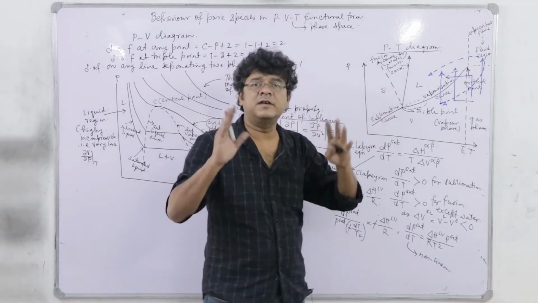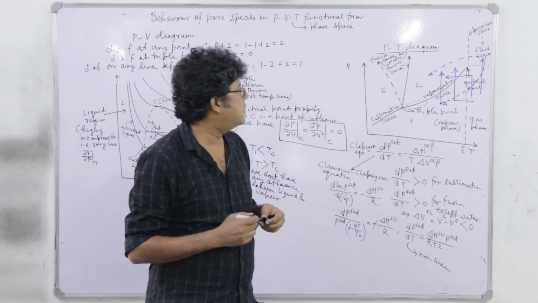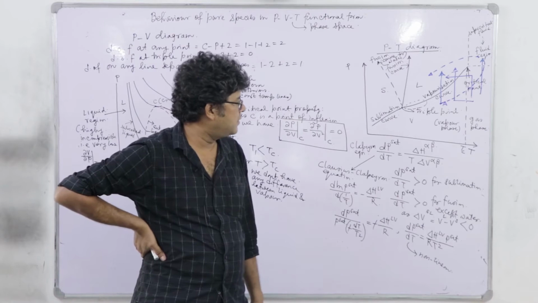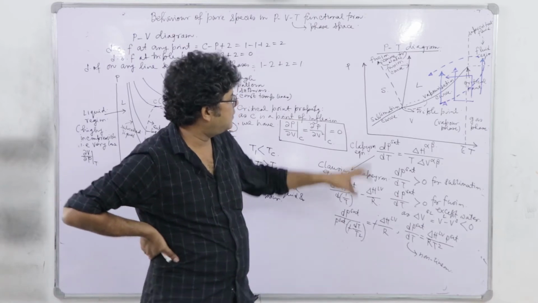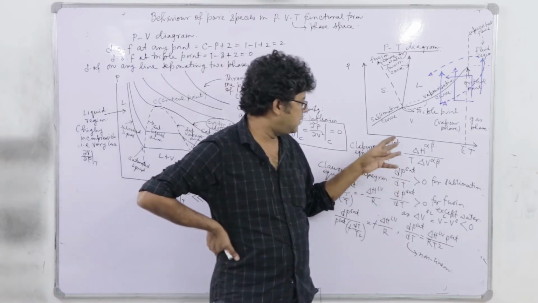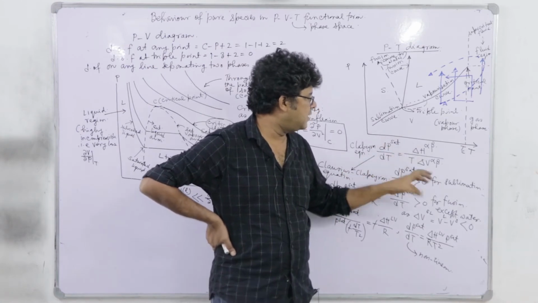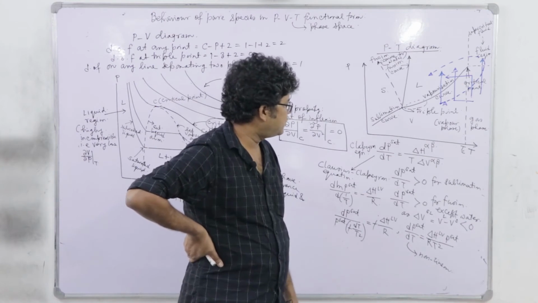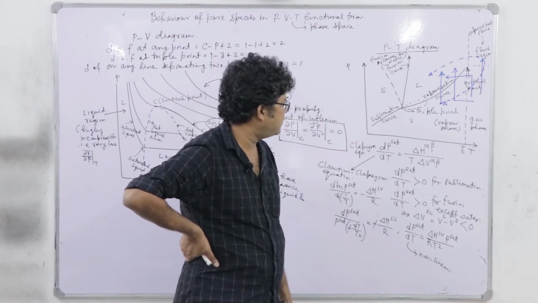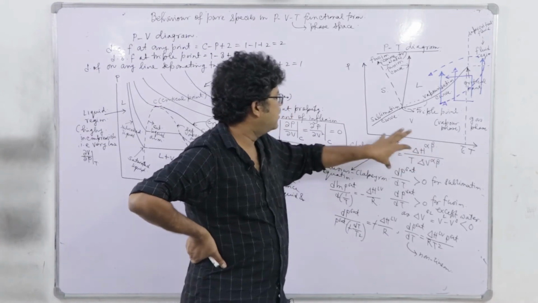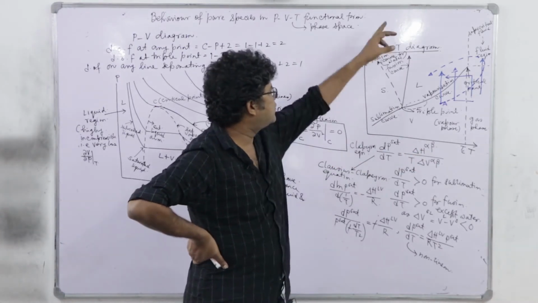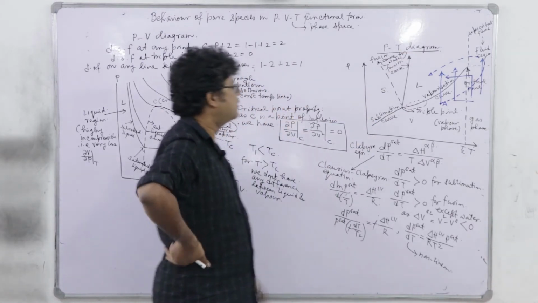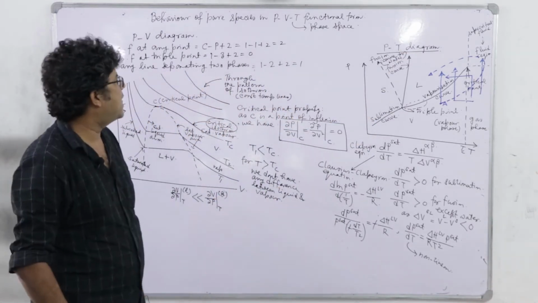Fusion and sublimation, these two are nearly linear, because with the change of pressure the temperature changes linearly. The reason is this part is nearly constant, so the sublimation curve is linear, independent of Psat. The fusion curve is also linear, however the vaporization curve is nonlinear. So, that is the idea of this PT diagram.